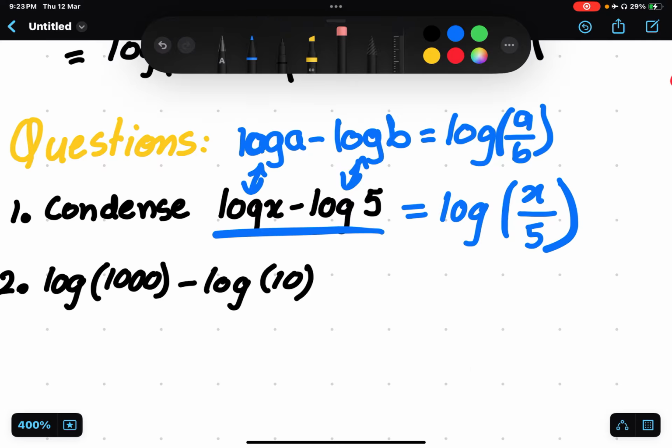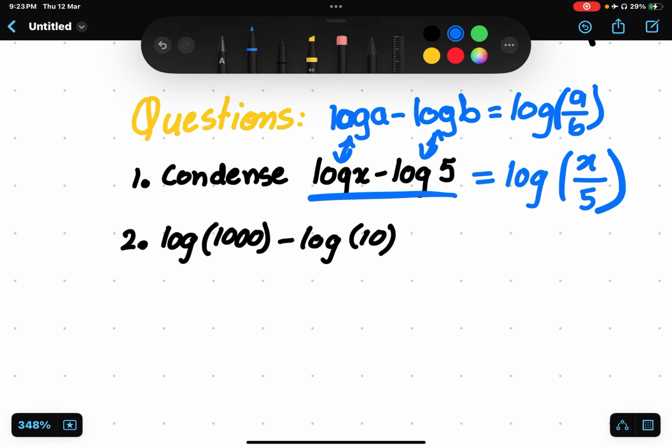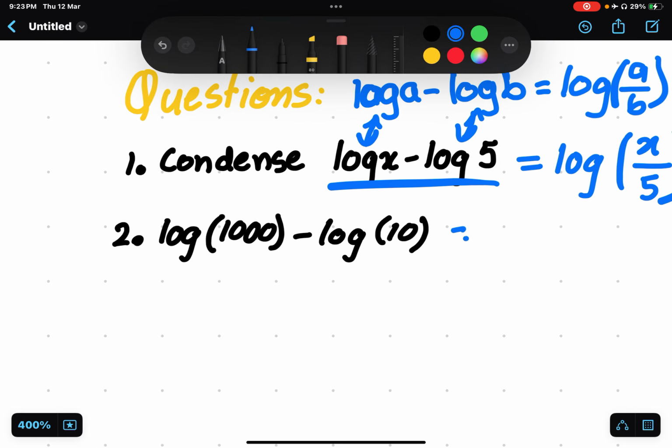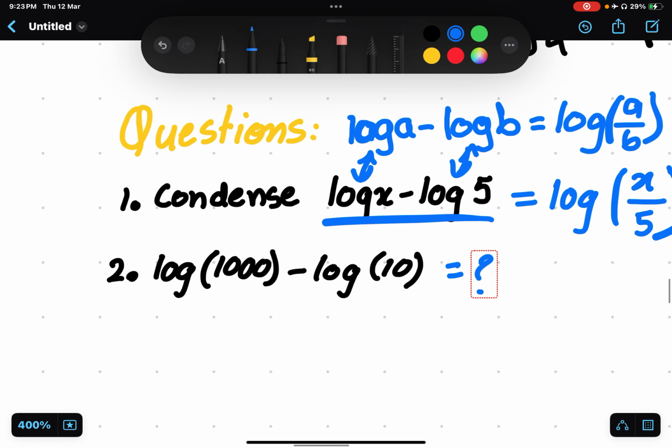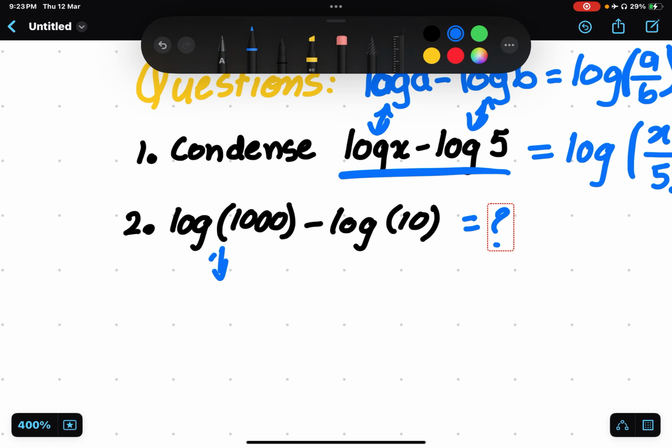Okay, now the next one, in this one we have to just simplify this. Okay, what is this equal to? Yeah, so again we're going to use our quotient rule. So this one, we can see that the number we're taking away from is this. So this is going to be our log a term.